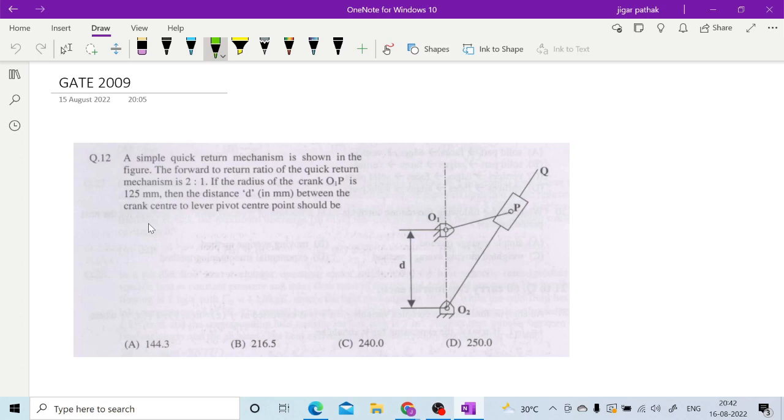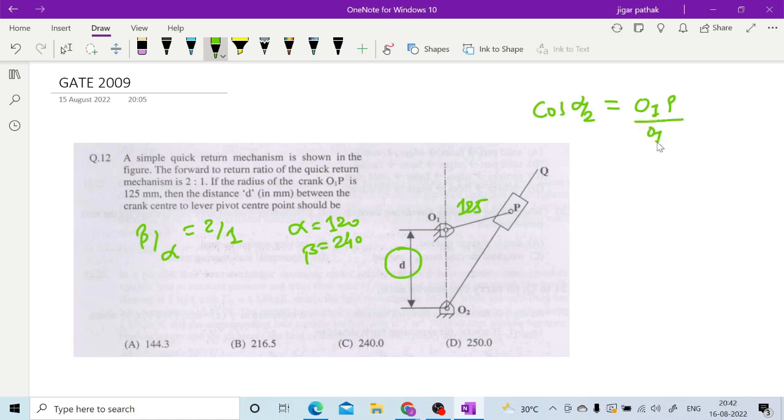Here you are asked for the distance between the crank center and the lever pivot center, that is d. Using the same equation, cos alpha by 2 equals O1P upon O1O2.